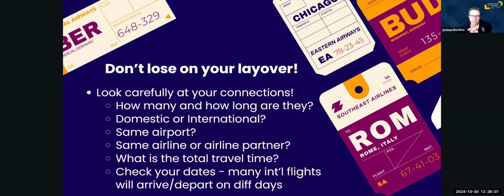Let's say you're looking at flights and it looks like you can't avoid stopping somewhere. There are a lot of things to consider when you're looking at your connection. First of all, how many are there? I think most of you are going to want to book something that has a maximum of 2 stops. Occasionally, you will see results come in from Google Flights that have 3 or maybe even more.